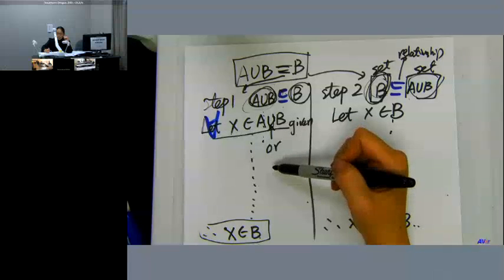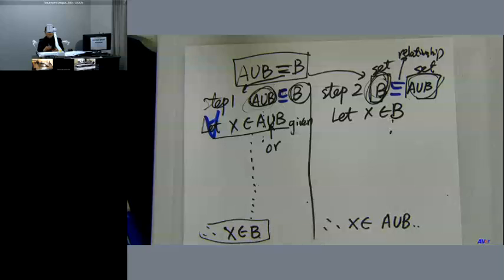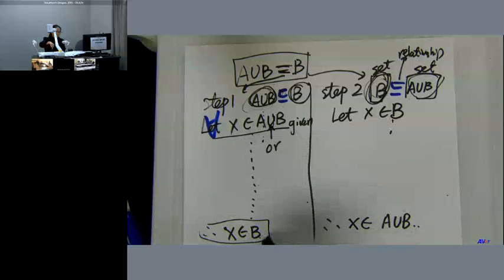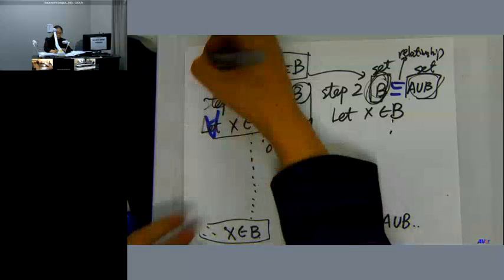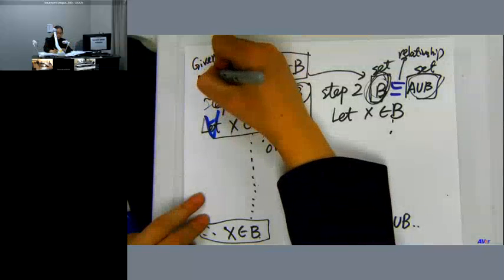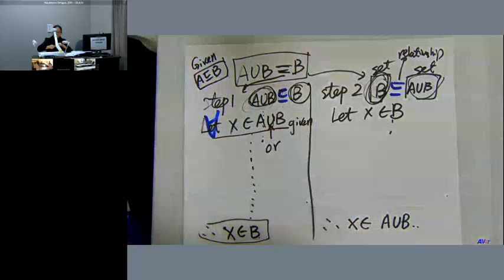Gotcha. So 2 cases. Case 2 will be very easy. If X is in B, you're done. Okay, that's what you need to prove. That's your goal. Case 1, you have to say one more sentence. Well, if X is in A, how do you show X is also in B? Well, there's another condition given. What's given? Go back and look at the problem. It says A is a subset of B. What does that mean?